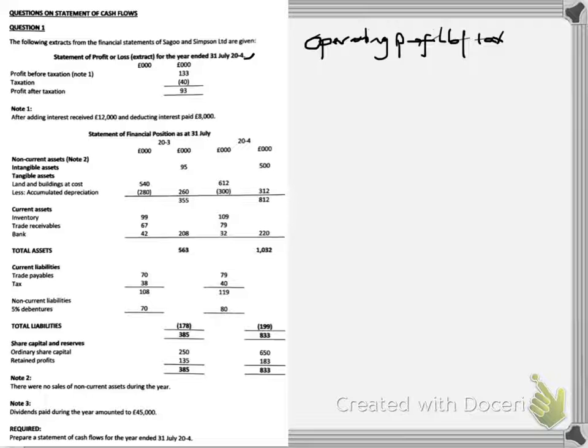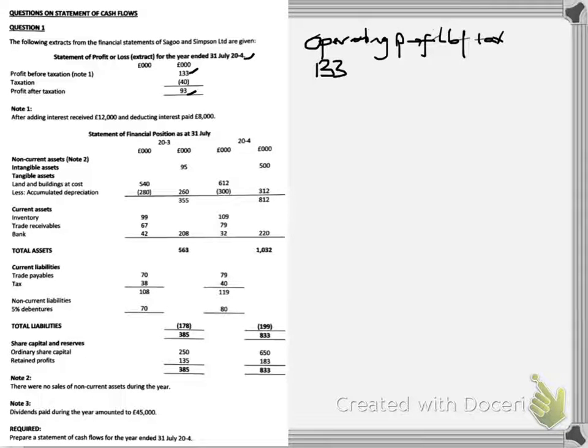Now this is actually profit before interest and tax. What we have been given in the question is profit after tax and profit before tax. So this profit before tax is actually the profit figure after adjusting for interest.